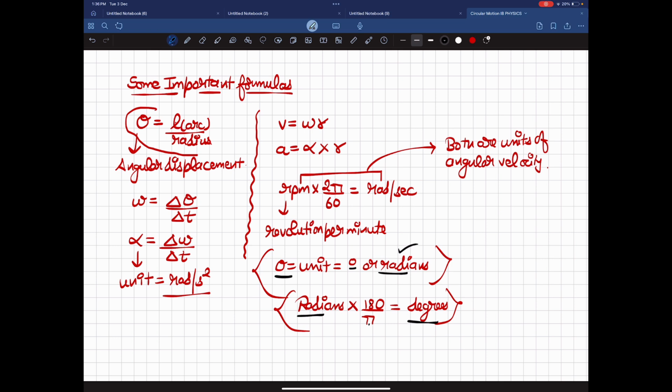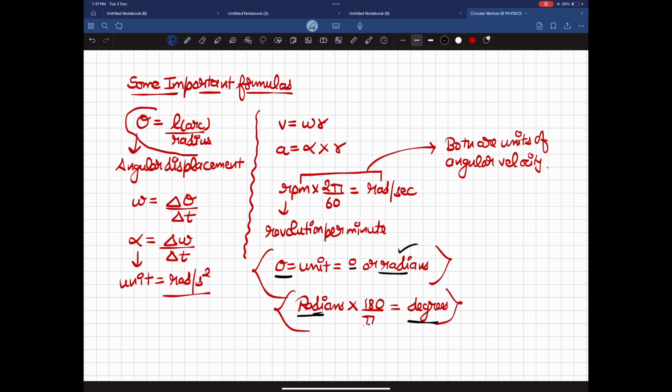And also take a note of your calculator. Sometimes your calculator is in degrees and you're doing calculation for radians. So it creates an error there. You will get the wrong answer. And sometimes in questions they ask you to give the answer in degrees and you have the answer in radians. So just do radians into 180 by pi is equals to degrees.